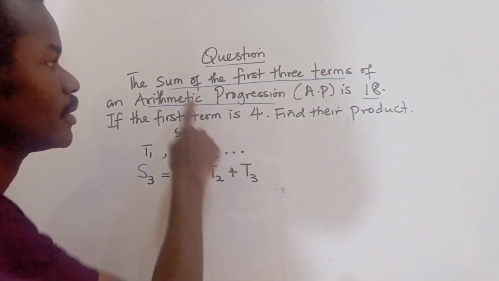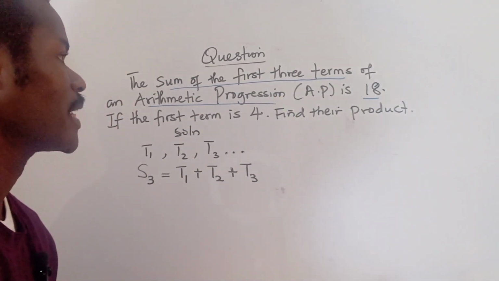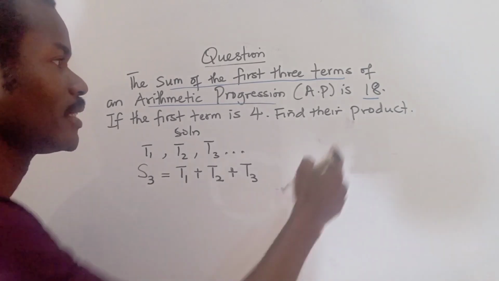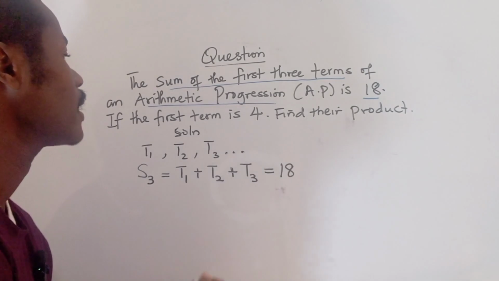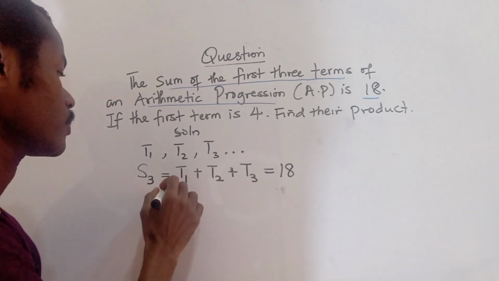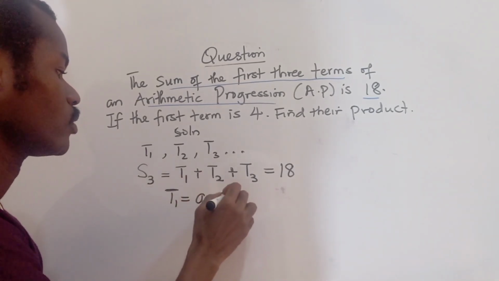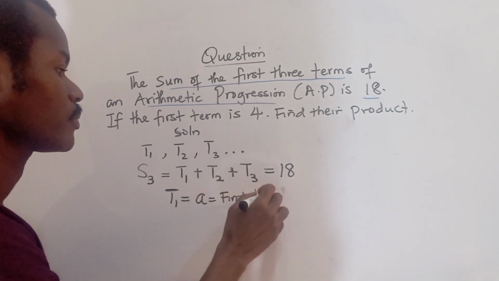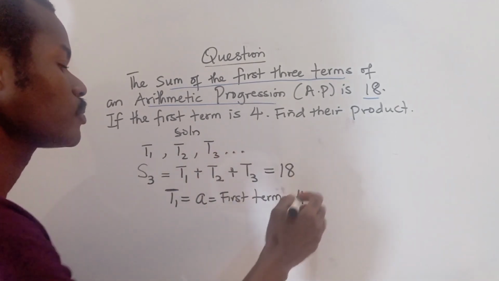So that is what we mean by the sum of the first three terms. So you want to add them because sum means addition. Now the question says this sum equals 18. And we have the first term as T1, which most times we use A to represent, which is the first term. The question says it is 4.